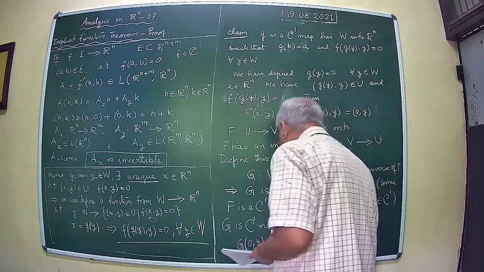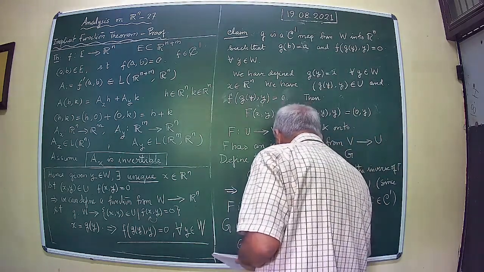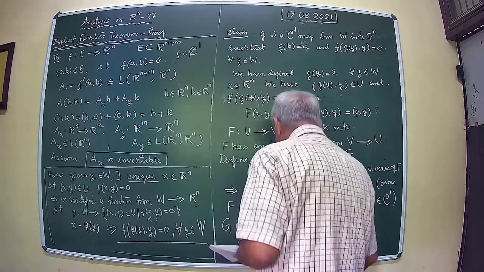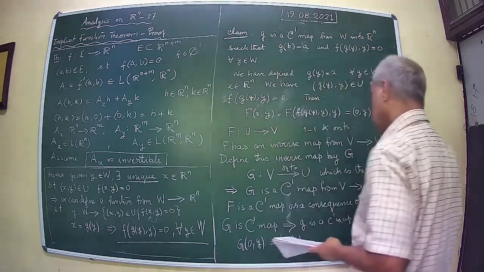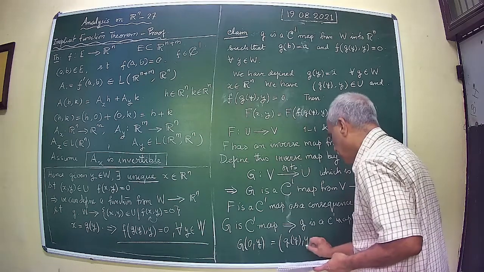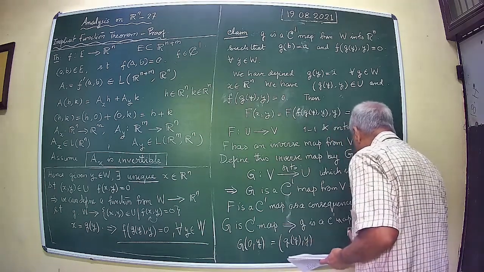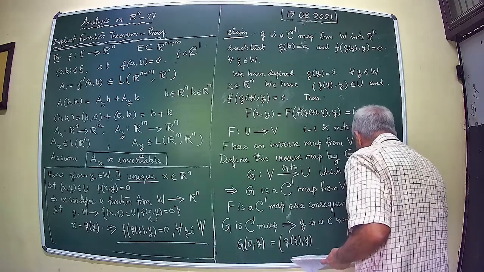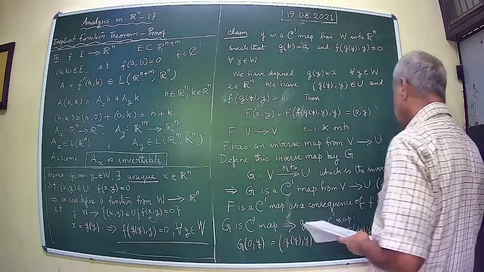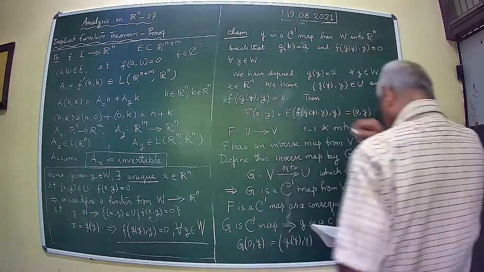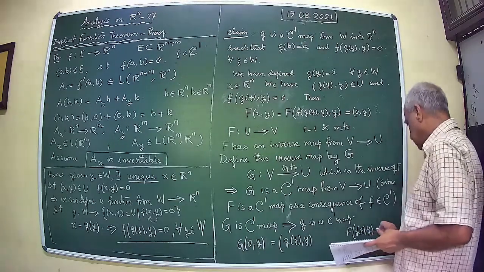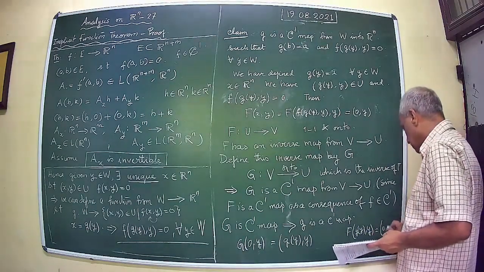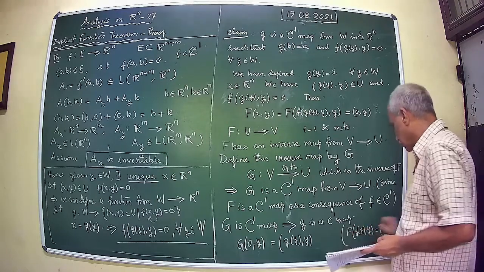G of 0Y is equal to GY Y. The reason is F of GY Y, that's the reason.